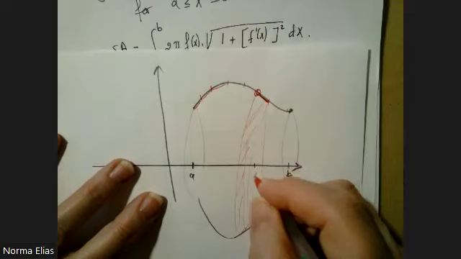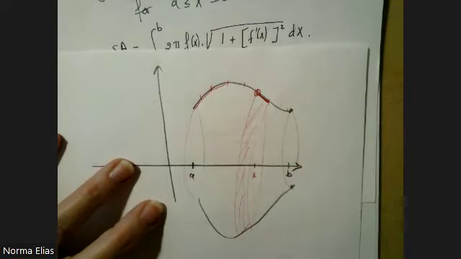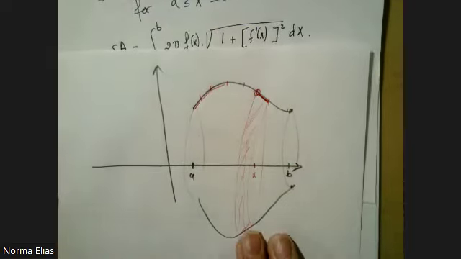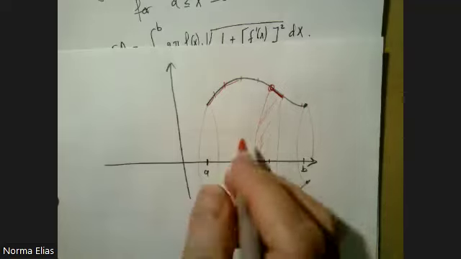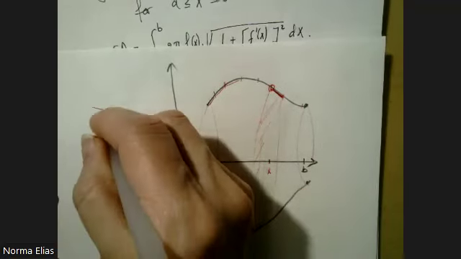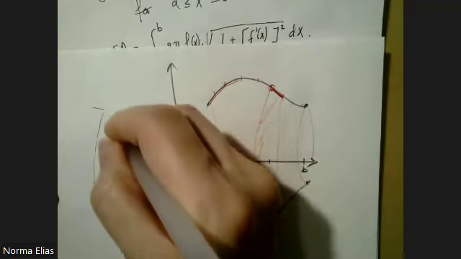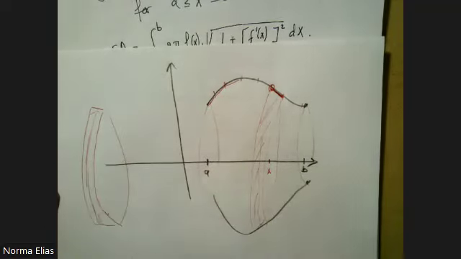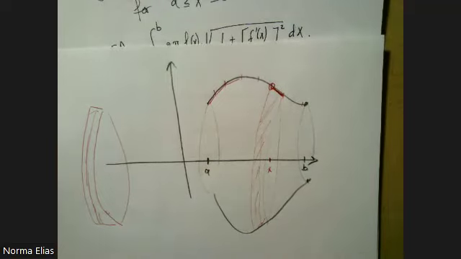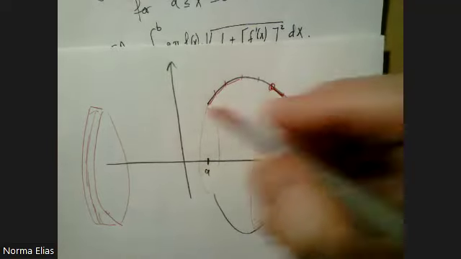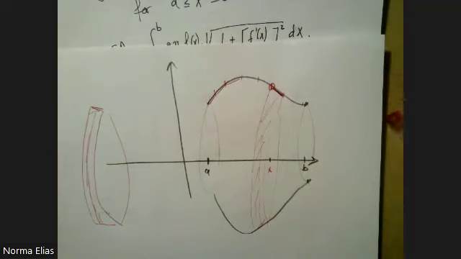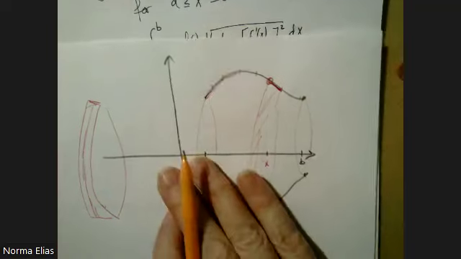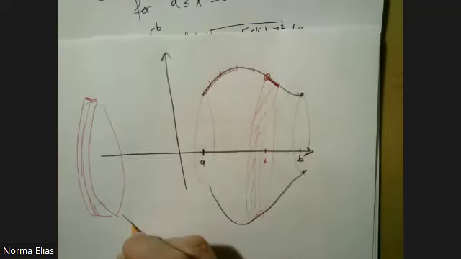I'll call this little piece delta x. And what's the surface area of this piece? If I take this piece on the side, and I'm going to cheat a little bit, I get something like that. That's the piece. It's almost like a cylinder, not quite a cylinder, but almost. So let's see what the surface area of that is.